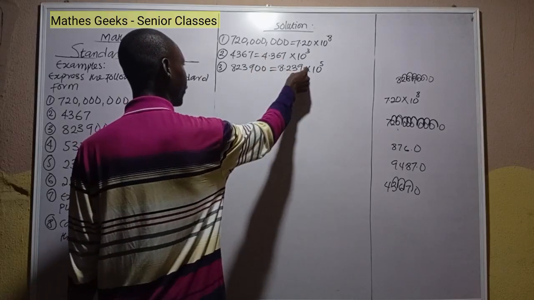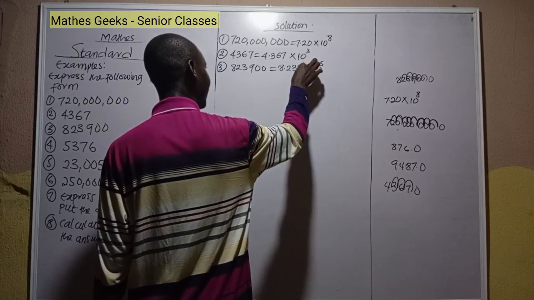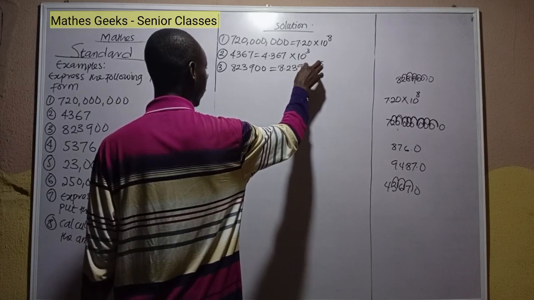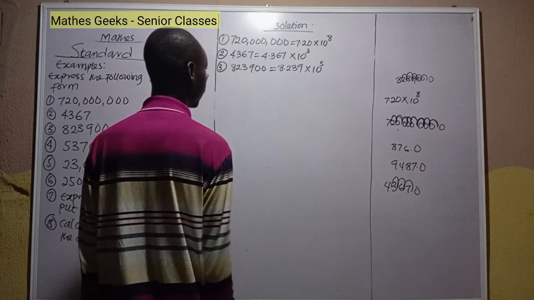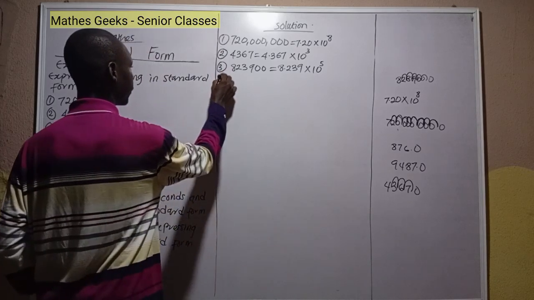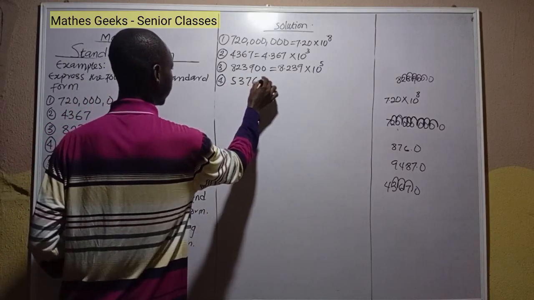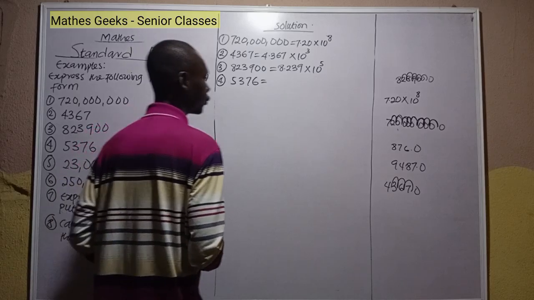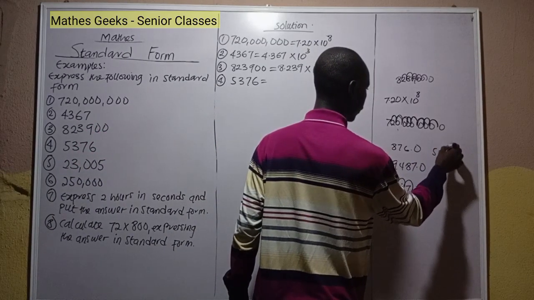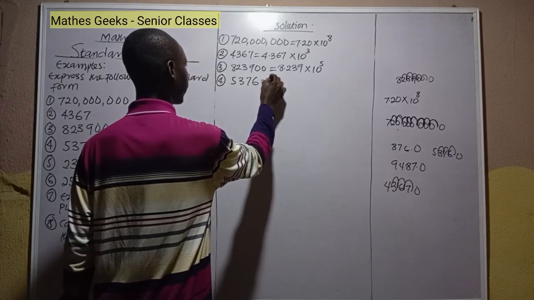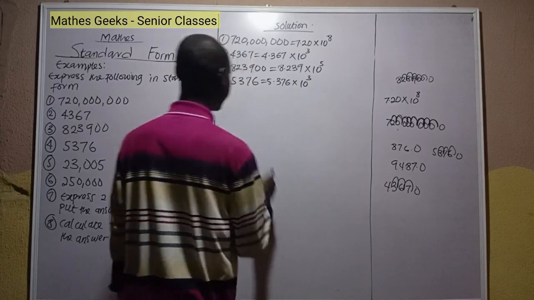Once you have zeros and you move the decimal point and place it here, therefore the zeros after the last significant figure are irrelevant or not important, so you can ignore them. Number 4, 5, 3, 7, 6 equals 5.376122540 76 times 10 raised to the power 2.